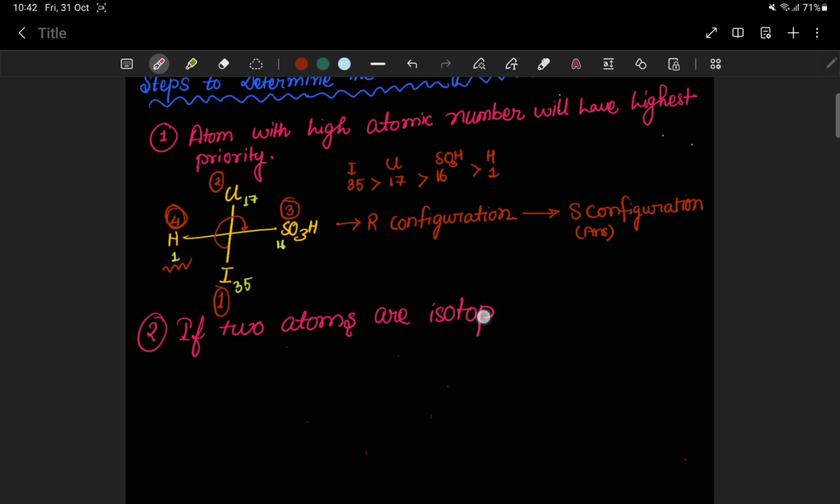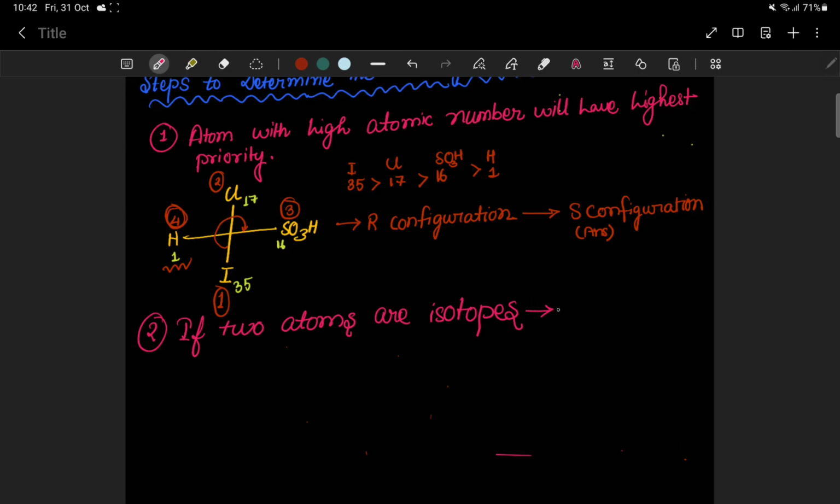I hope you understand what an isotope is. Hydrogen has isotopes deuterium and tritium. So these are the isotopes. If you have isotope forms, then what will you do? The isotope with the highest mass number, or atomic mass, has the highest priority. If I have to choose between hydrogen and deuterium, I will go for deuterium as the highest priority group.